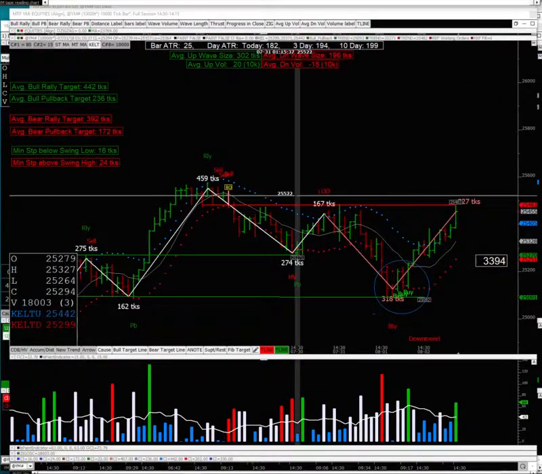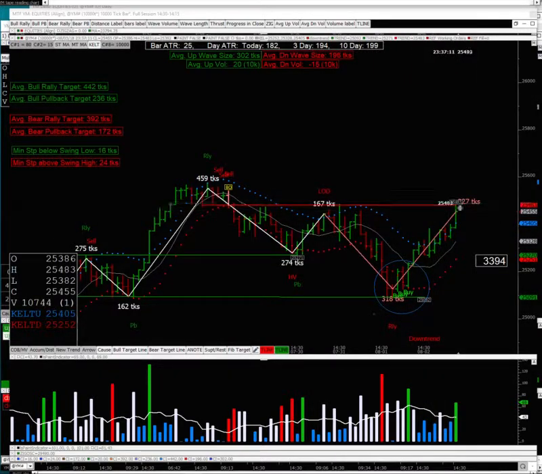Now, what do you want to look for on the swing up? The answer is the same damn thing. All right. So when this goes up, especially at important levels, I want to see smart money sell.